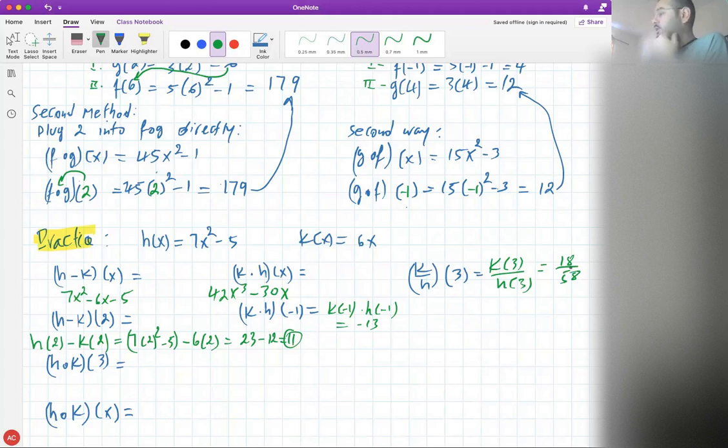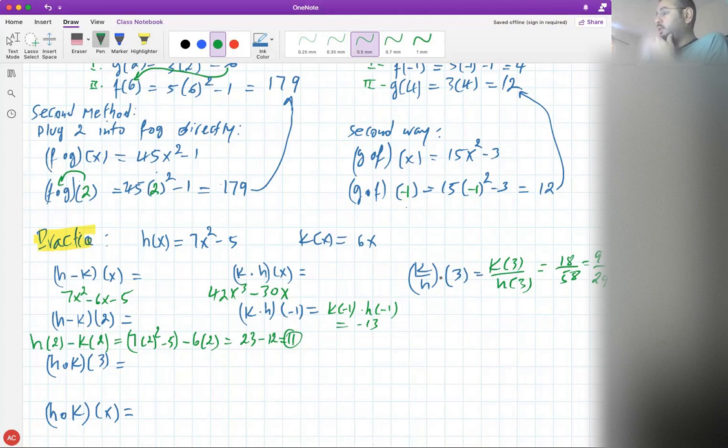And then we reduce it. At least we can reduce by 2. It would be 9 over 29, which I don't think we can reduce. And that's it.